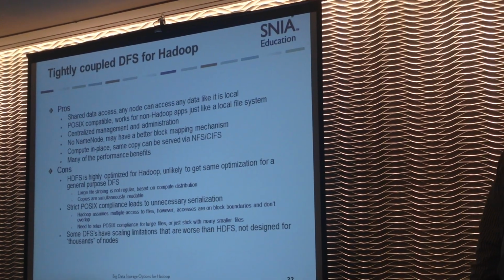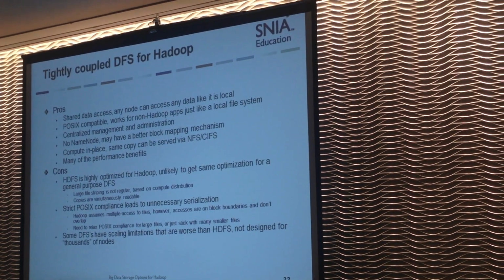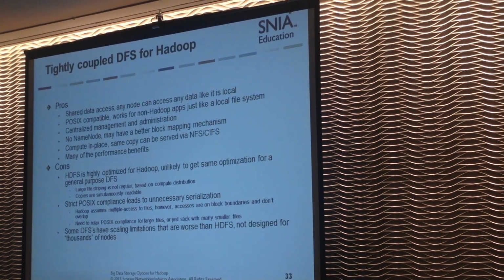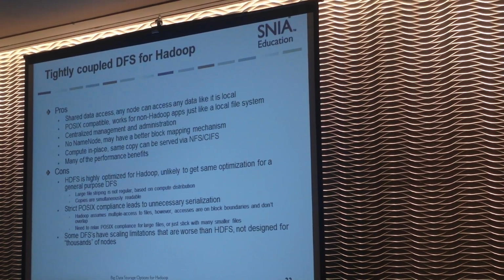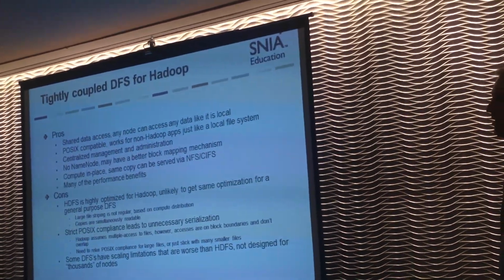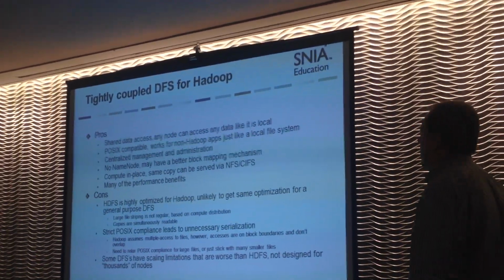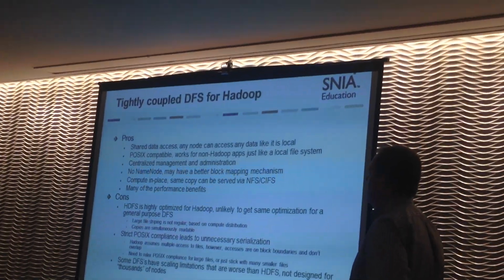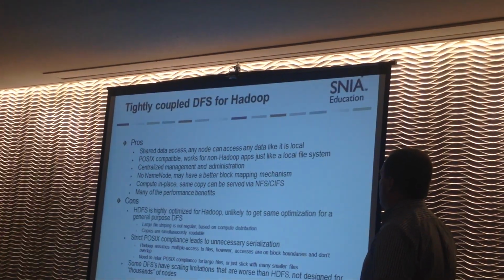Some advantages are that the data looks just like a local file system. It can be POSIX compatible, and you can use it for non-Hadoop apps as well as Hadoop applications.